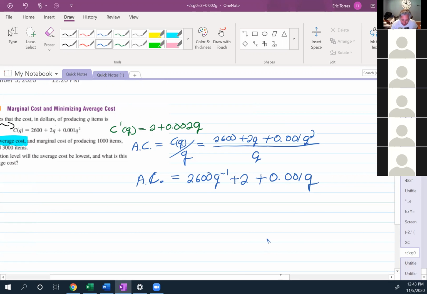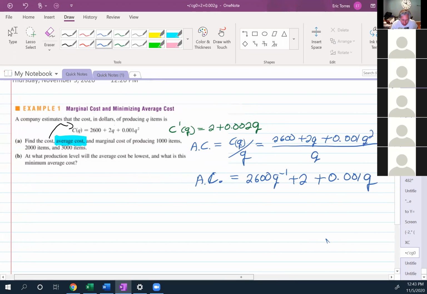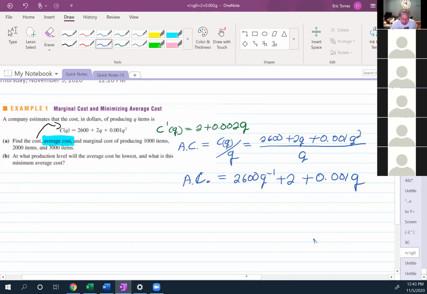So with that, finding the output by plugging in 1,000, 2,000, and 3,000 into each of these formulas, it's not too challenging once you have the formula. I'm not going to plug it into all of them. I'm just going to plug it into our average cost function.